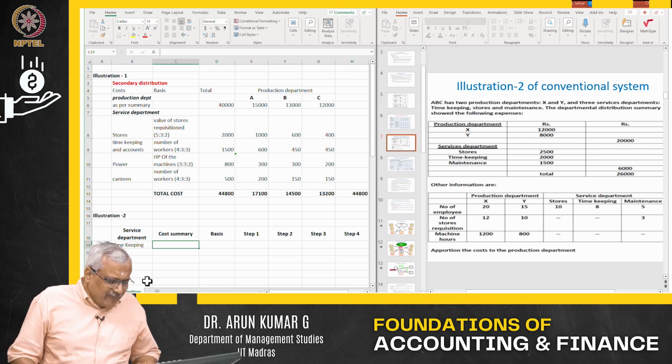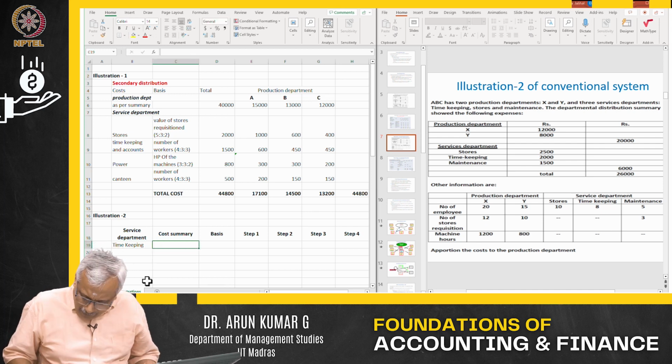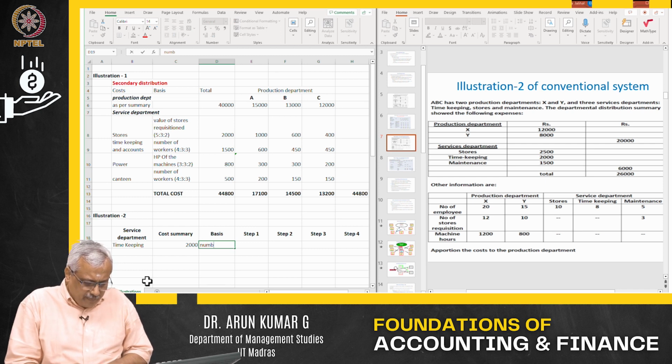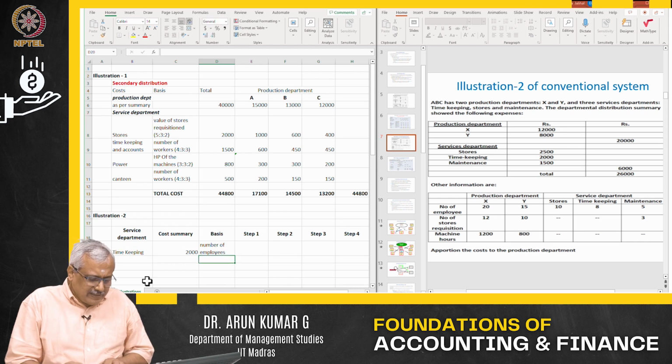Now, what is the cost summary of the timekeeping department? $2,000 is the cost summary of the timekeeping department. What is the basis? The basis is going to be the number of employees, and what are the number of employees out here?